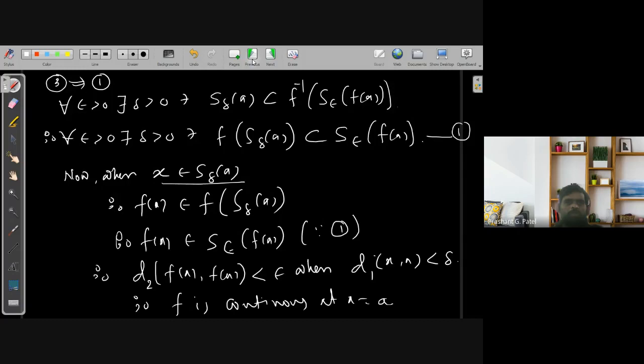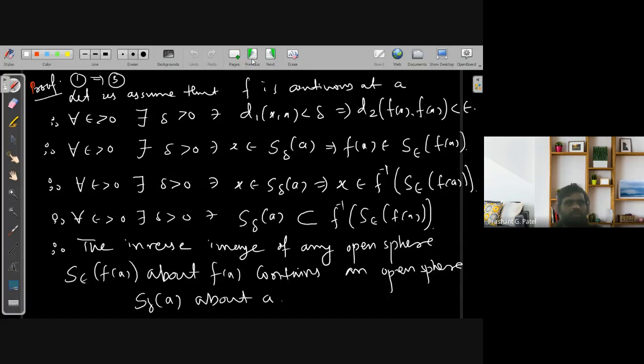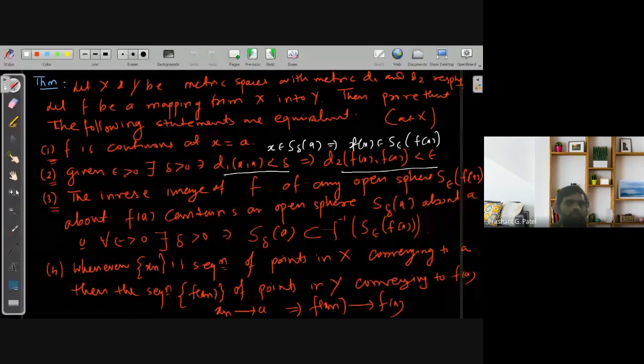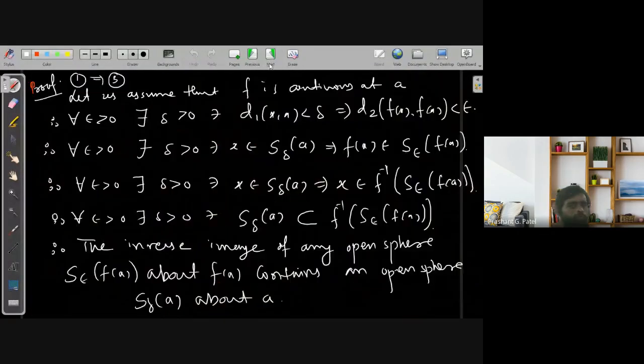Now what we'll do is we'll prove that 1 implies 4, and conversely next we'll prove that 4 implies 1. So first I will prove 1 implies 4.